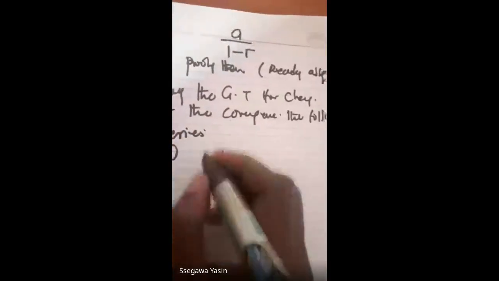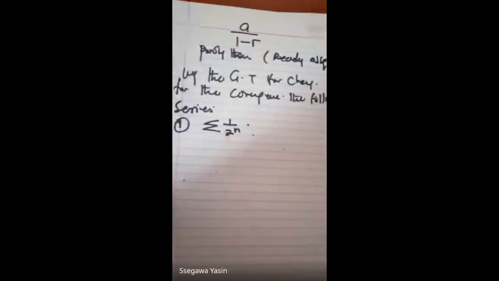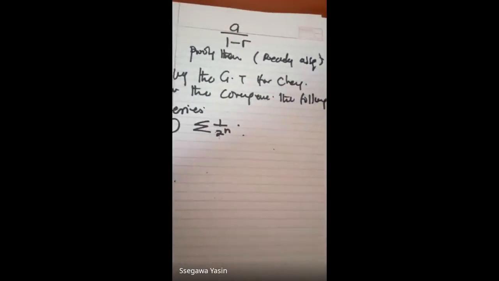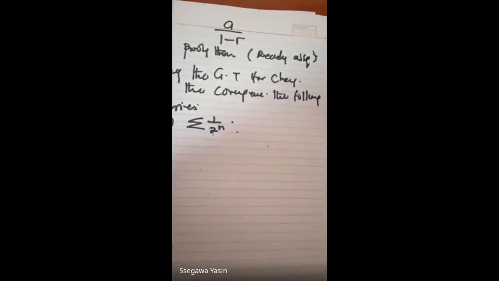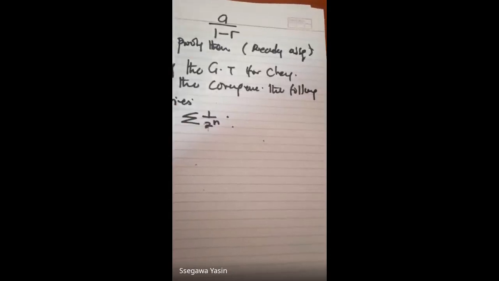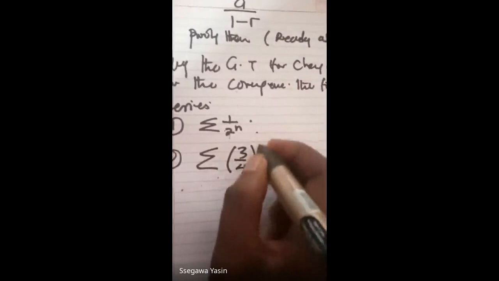We have number 1: summing up 1 over 2 to the power n. We have generally used this one, but it is okay to use it to see how it affects different terms. Number 2: sum of 3 over 4 to the n.